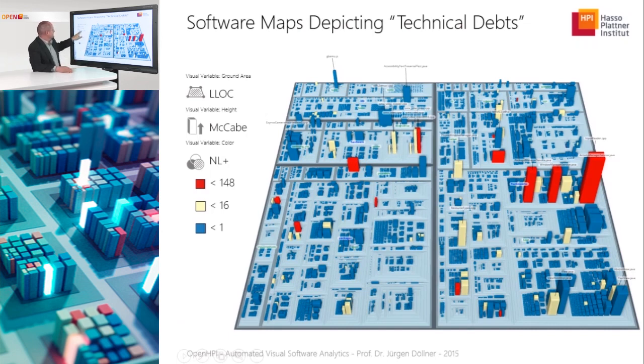We use McCabe complexity as the height of the cuboids, and this is correlated by a color scheme derived from the nesting level complexity. So basically, the software map that depicts technical debts is one that shows size of modules and the correlation of two software complexities, for example, McCabe and nesting level.